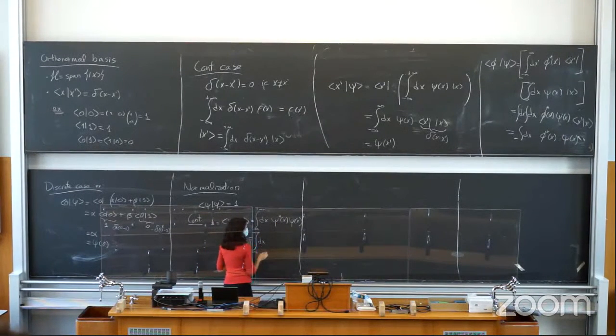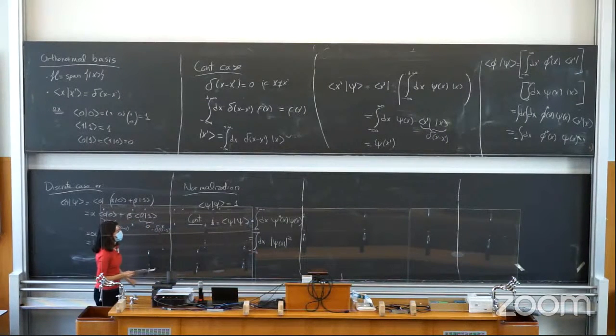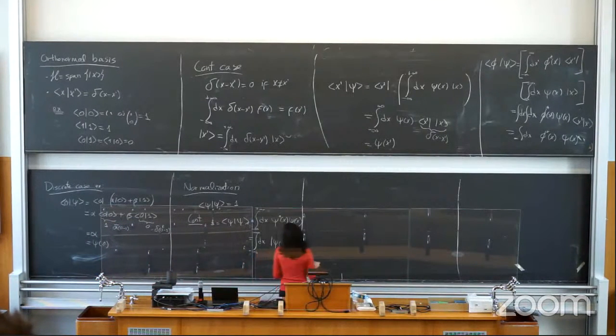That's just the absolute value, right? If you have A star times A, that's just the absolute value of it squared. So that's, okay. And this just means the modulus square, and that means precisely that. Okay. So that's in the continuous case. So we have this condition that the wave function must be normalized, and that means that the integral of the square of the modulus is 1.